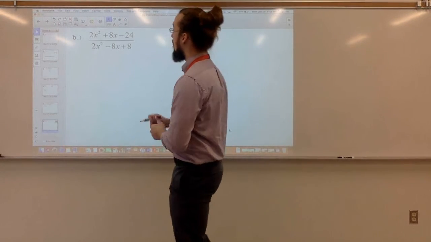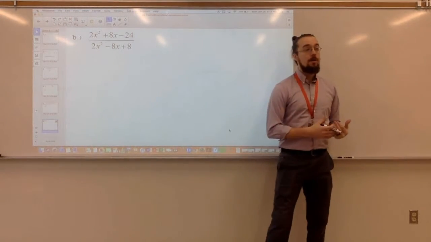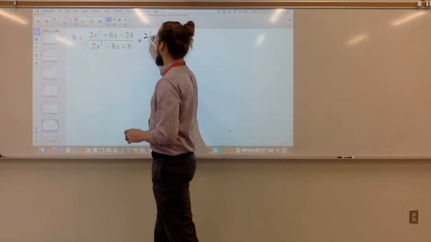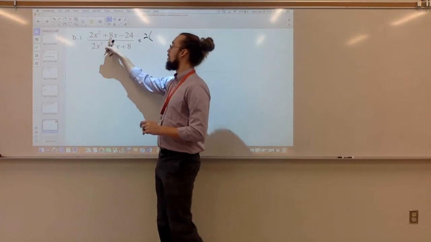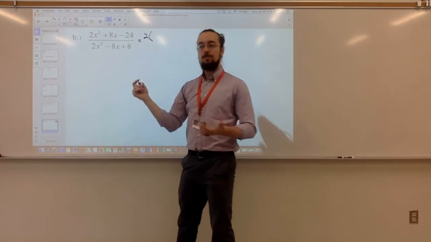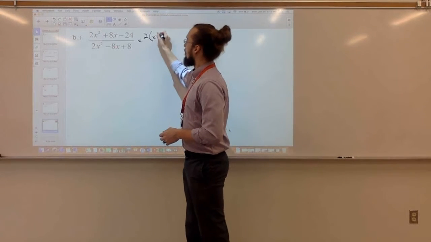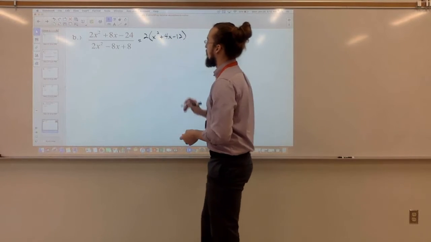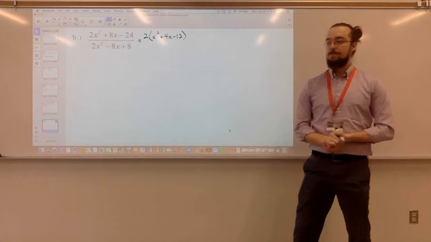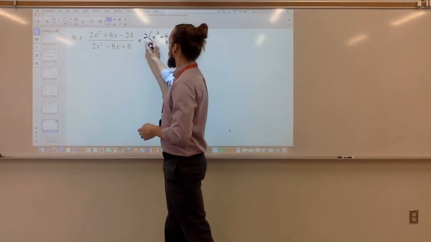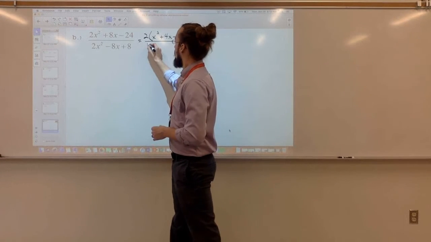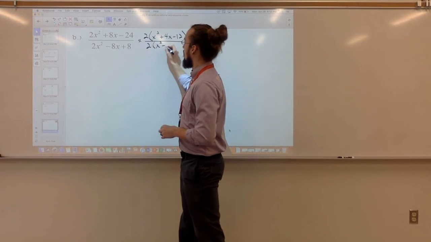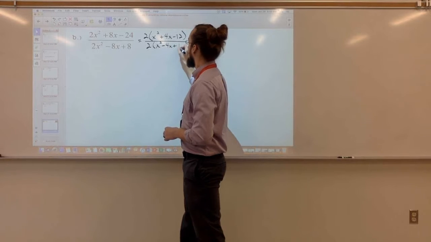On both of these, I can factor a 2 out before I do anything. So what I do there, I would say this would be 2 times, and I'm just going to divide each of these by 2 then. So that'll be x squared plus 4x minus 12 over 2 times, I'll be left with x squared minus 4x plus 4.